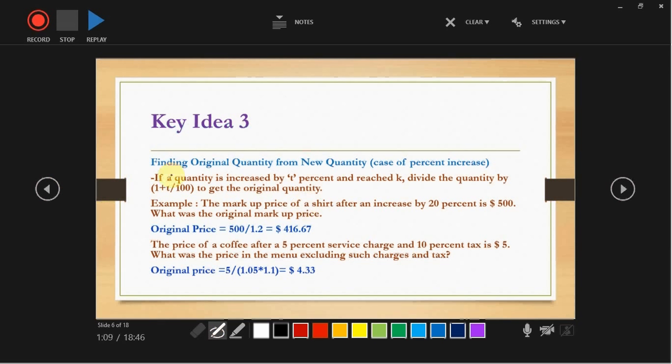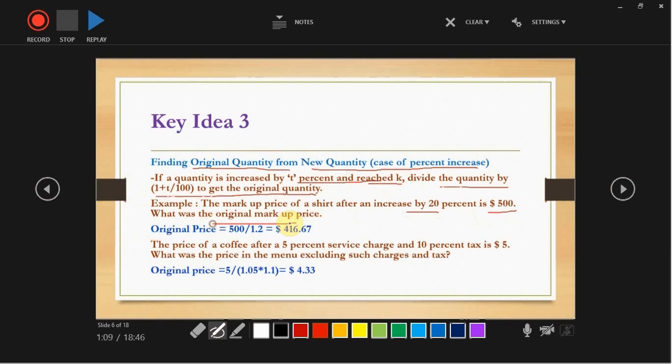Now we move to the next idea, which is finding the original quantity from the new quantity in case of a percent increase. If a quantity is increased by T% and we know the new quantity, divide the new quantity by 1 plus T over 100 to get the original quantity. For example, the markup price of a shirt was increased by 20% and it is now $500.